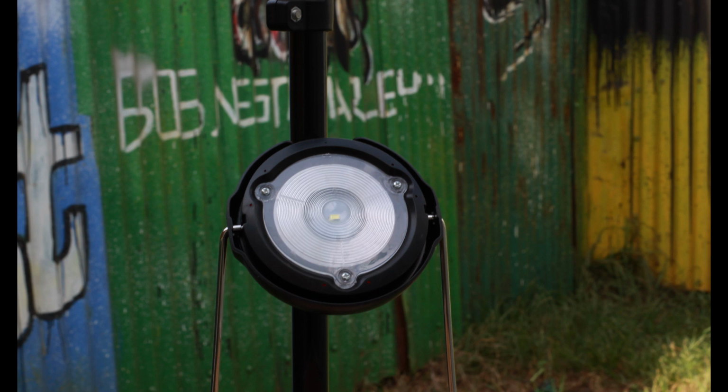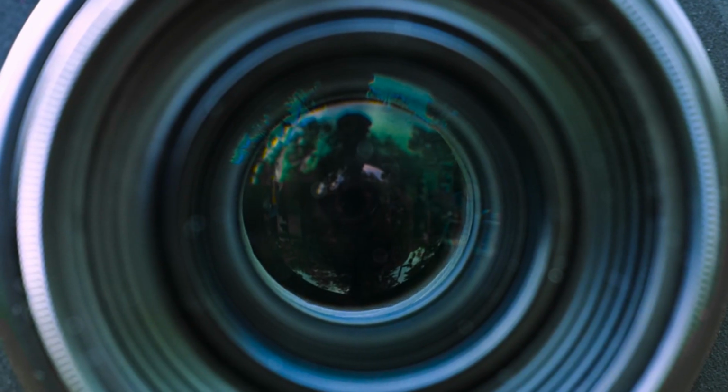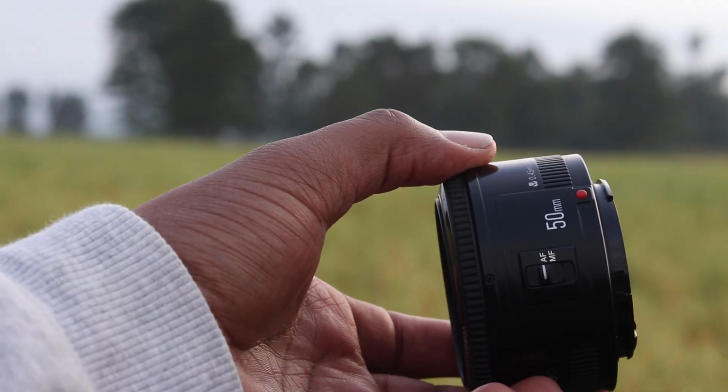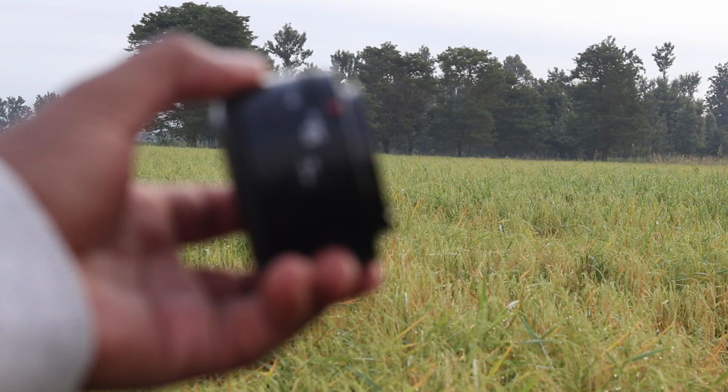For instance, if you want to capture an image that has a blurred background, you will need to use a wide open aperture, which will lay emphasis on the subject while the rest of the background remains blurred. For that reason, you will need to compensate with ISO or shutter speed, because by opening up the aperture you are letting in a lot of light.